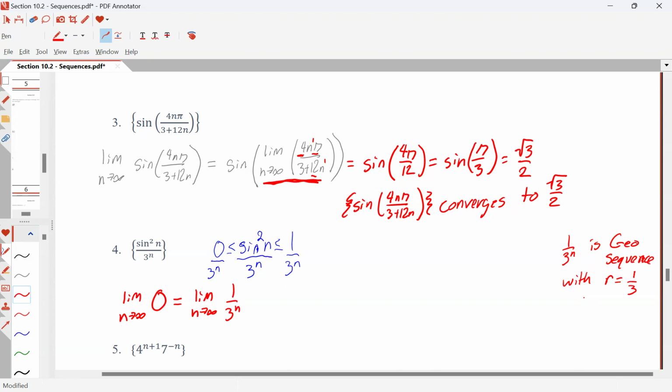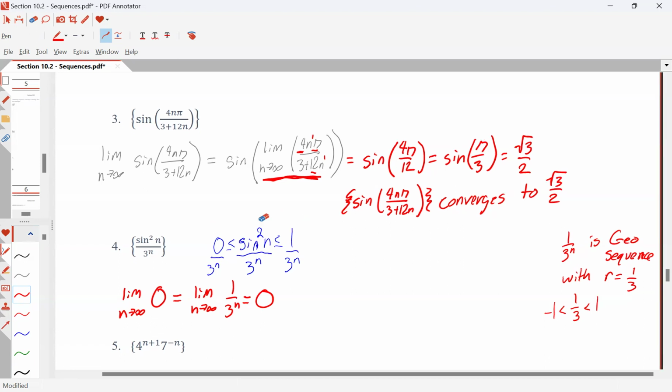with the ratio equaling 1/3. Because the ratio is 1/3, and 1/3 is between -1 and 1, we saw in the last video that the geometric sequence converges to 0. And the limit of 0 is 0. So both of these share the same limit, meaning what is in between has to have the same limit.